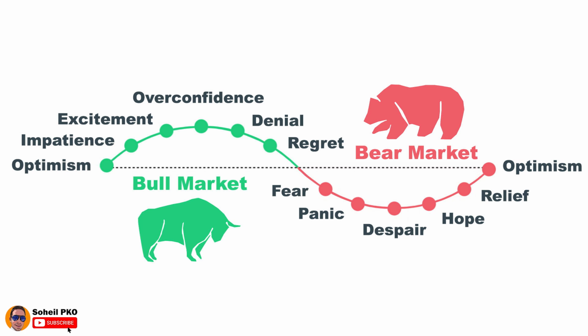Then the market falls with denial and regret, and a bear market starts with fear, then panic, and then the feeling of despair, which forms the bottom of the market. And then the market gradually rises with hope, relief, and then optimism, starting a new cycle all over again.